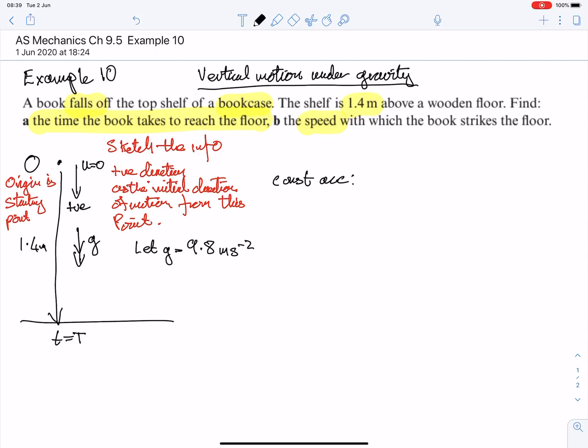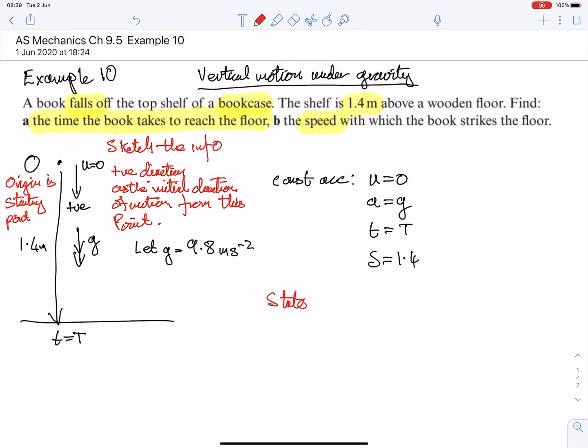Okay, so constant acceleration. u is equal to 0, a is equal to g, t is equal to capital T, and s equals 1.4. So look at those letters, s, u, a and t, and hopefully you've learnt the constant acceleration equations so you know what we're going to do next.